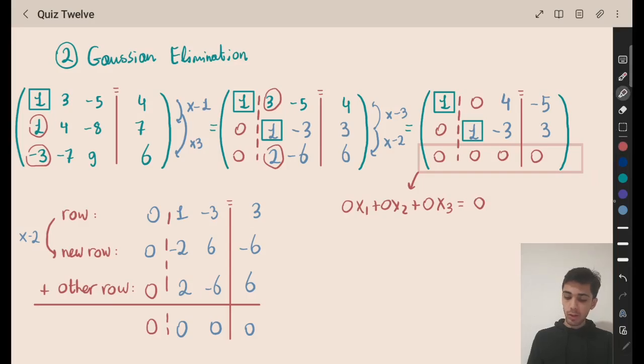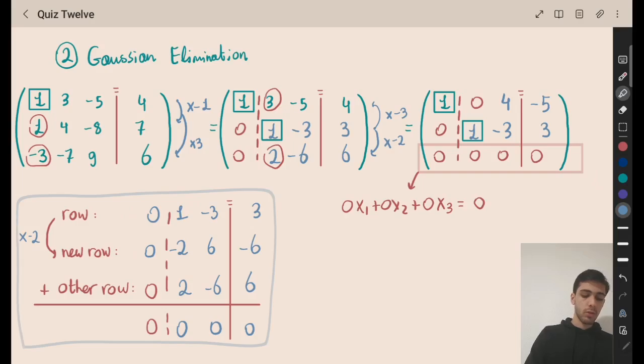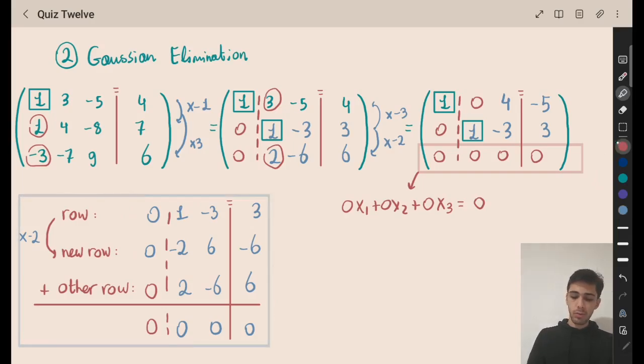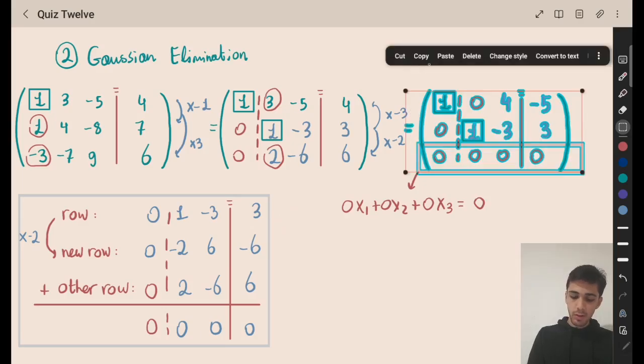What we're going to do now is we're going to get rid of this equation. I'm not referring to this. I'm referring to that. I'm just making a nice box on the side. So you have this system.